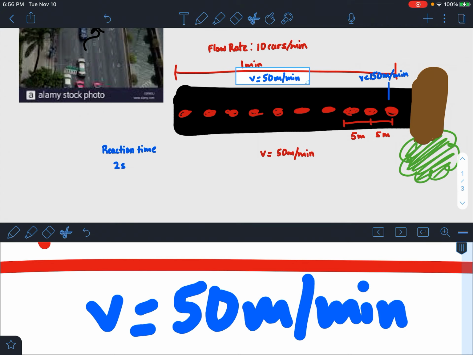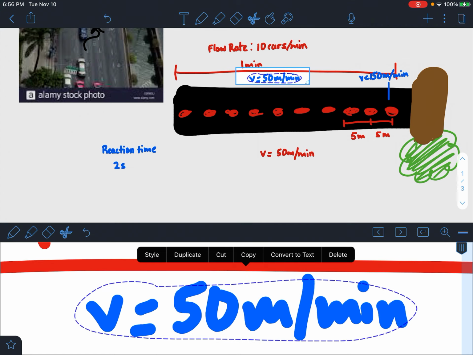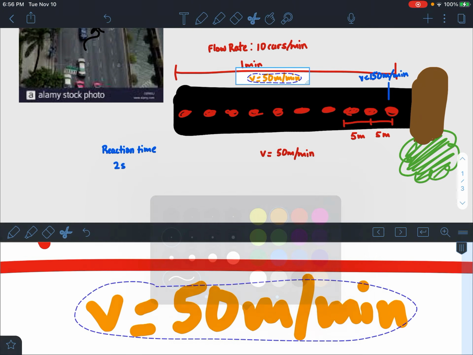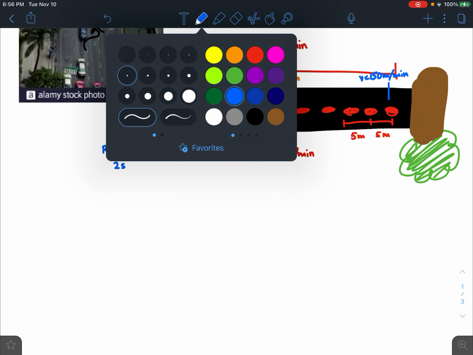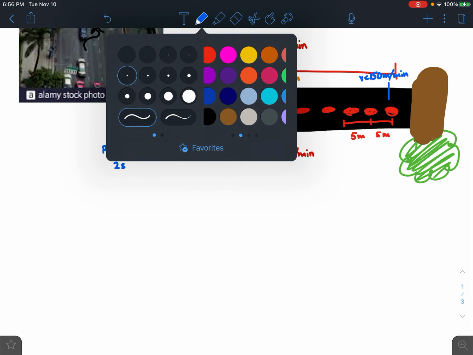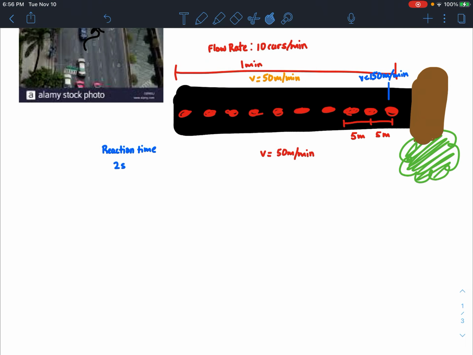Let's say we call this orange. Make this orange. And we get 50 meters per minute from what that original point was, right? And with that, we want to find out the time for the jam to dissipate.